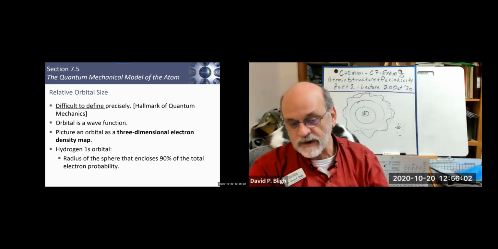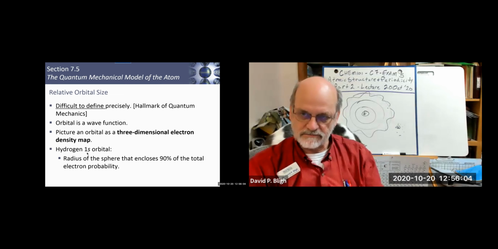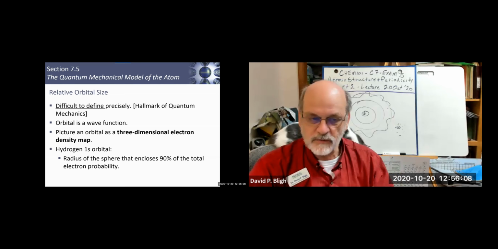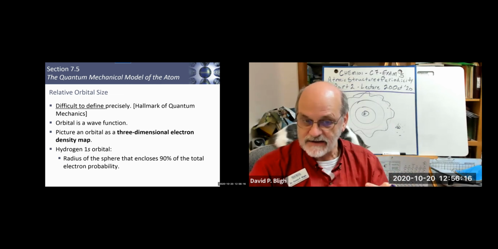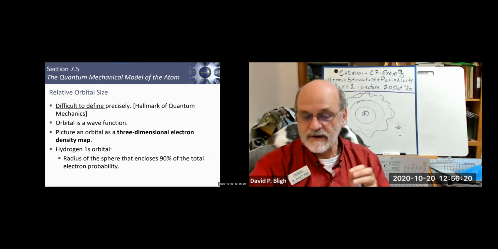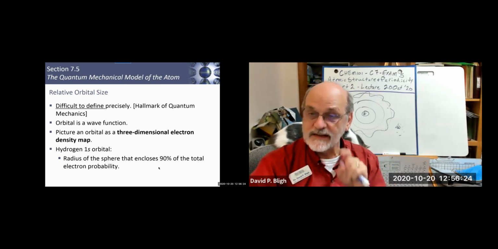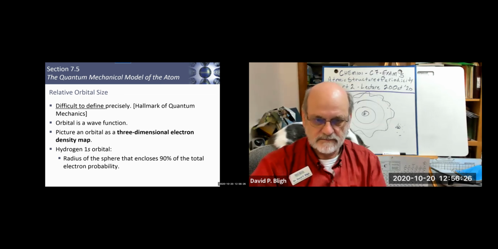And this terminology, 1s, will become useful in just a few minutes. What we can say is that within this space that we've defined as the orbital, this probability density map, there's a 90% probability that you'll find the electron in that space.